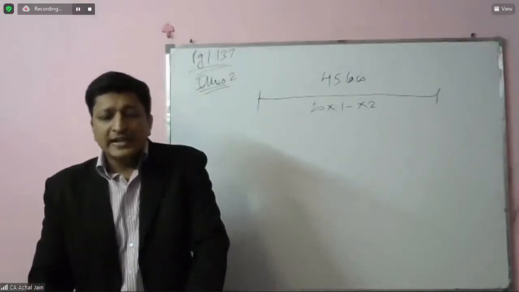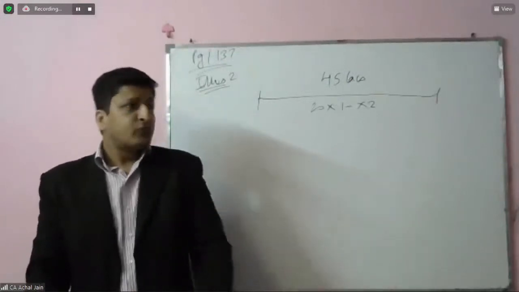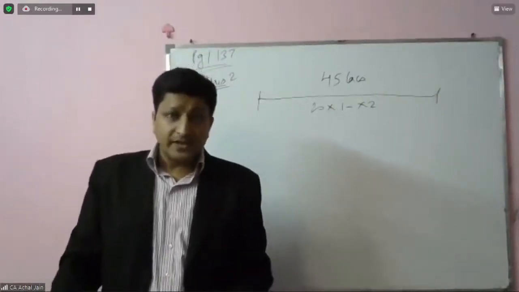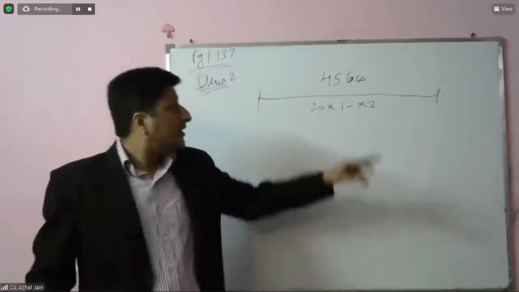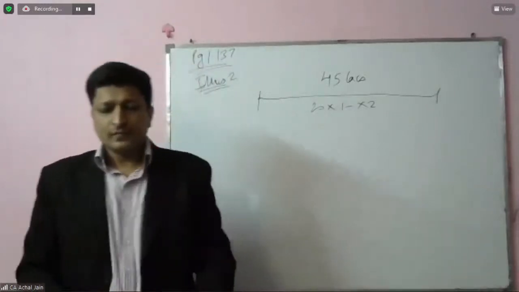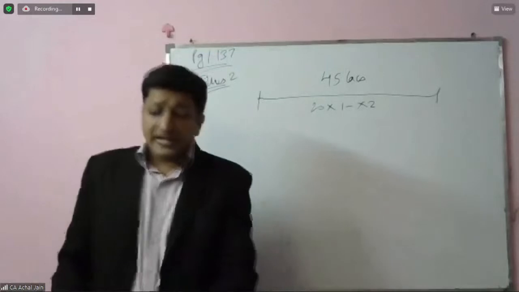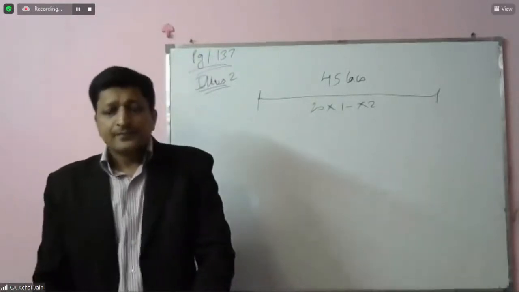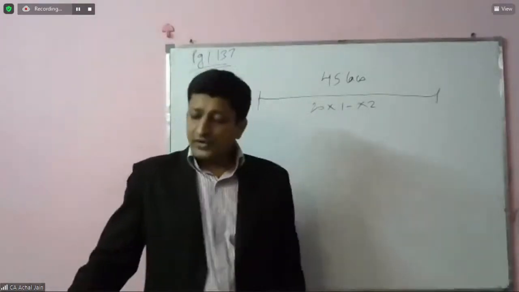State how will you deal with the following transaction in the accounts of this company U Limited for the year ended 31st March X2. I think very simple for you to answer quickly. How will you deal with this 45 lakhs? Quickly, how will you deal with this 45 lakhs?